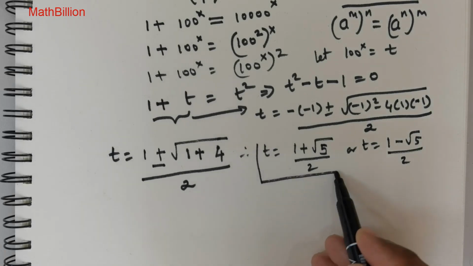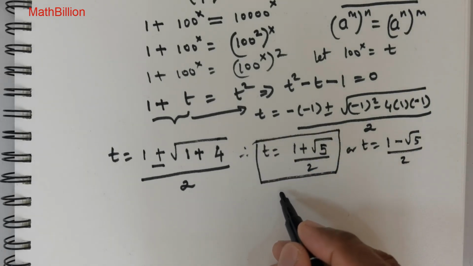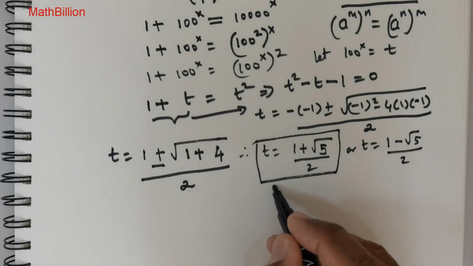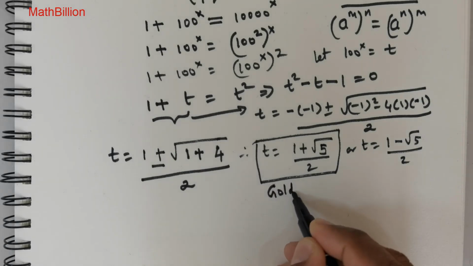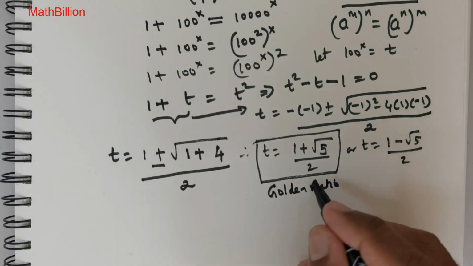Now this value is a very important value. This is called the golden ratio. Now let me write that down. Golden ratio. Now there are many names given for this.